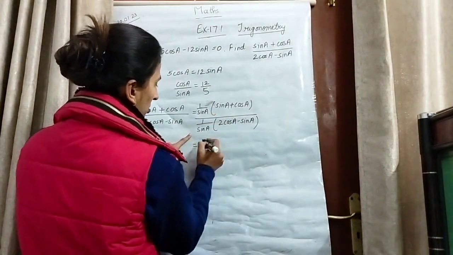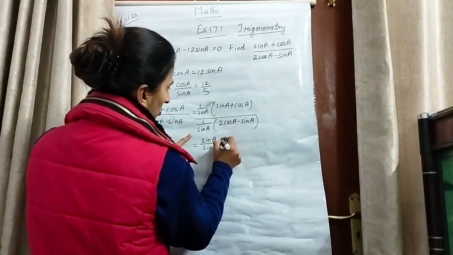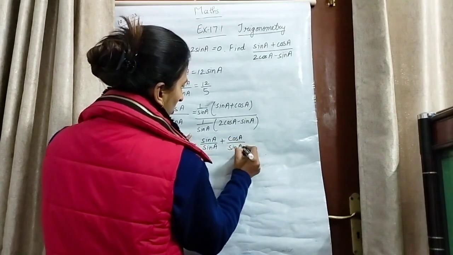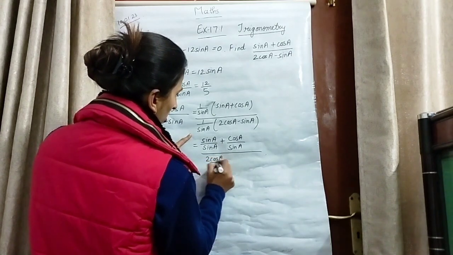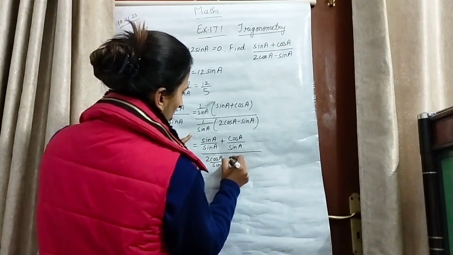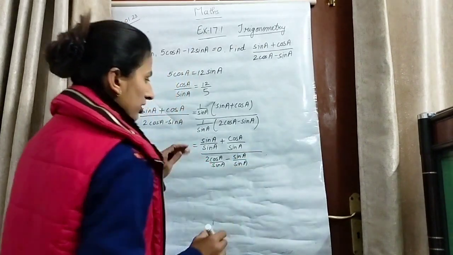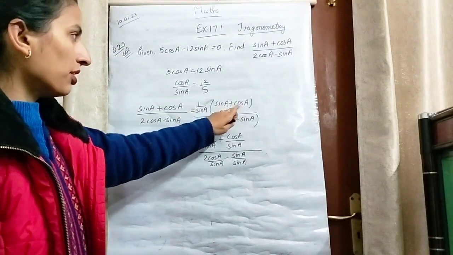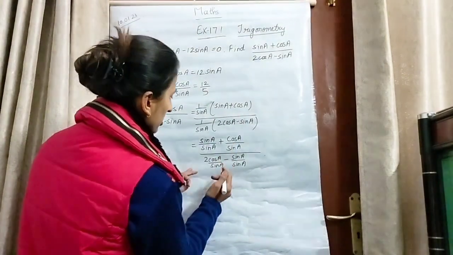Here sin A will come in the bracket, so it becomes sin A upon sin A plus cos A upon sin A upon 2 cos A upon sin A minus sin A upon sin A. In this expression, I have just simply divided each term by sin A because sin A is outside the bracket, so I have just taken it inside.